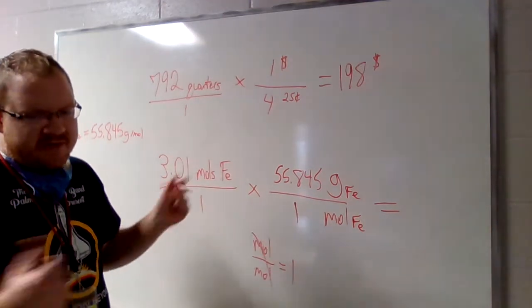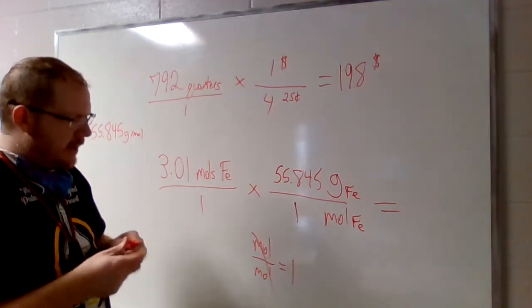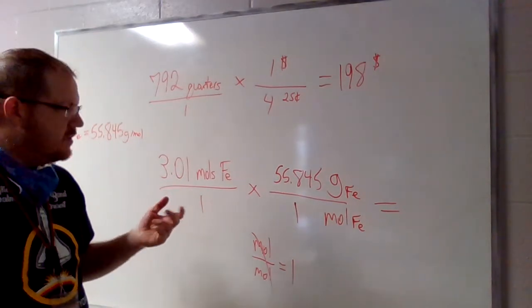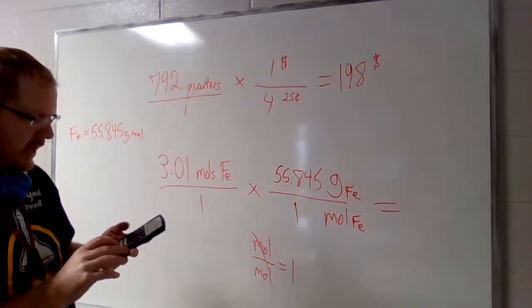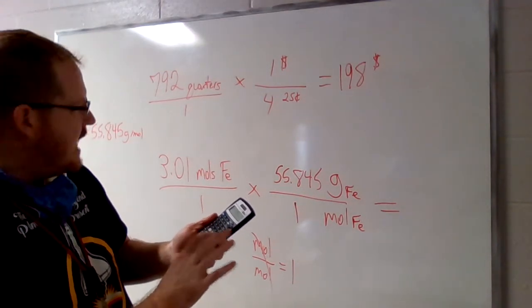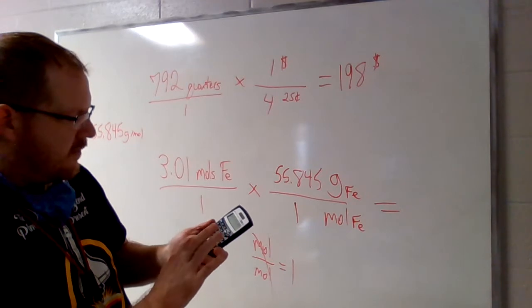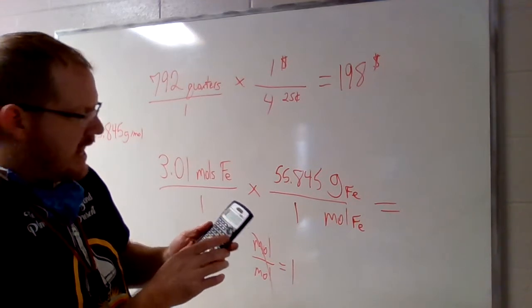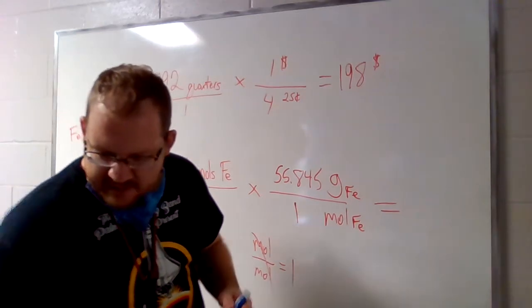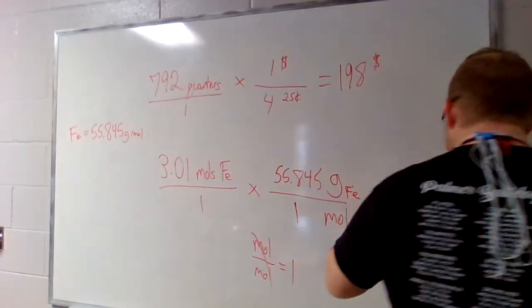You can skip the divide by 1 at the end if you want to, because it's not going to change your answer. But if you do it, it's also not going to hurt you, whichever way you feel most comfortable doing. So I'm going to put that in my calculator, 3.01 times 55.845. And my answer that I get out is 168.09345.